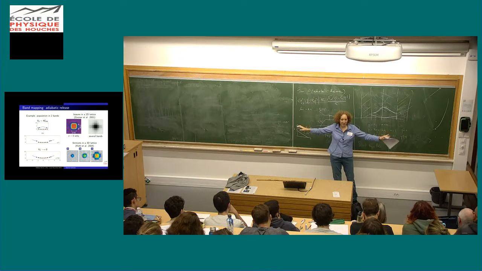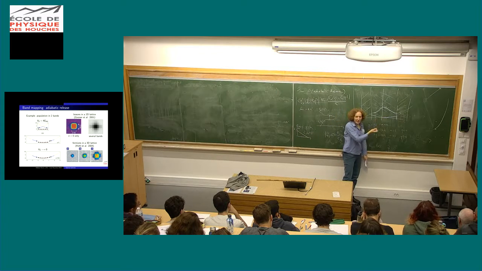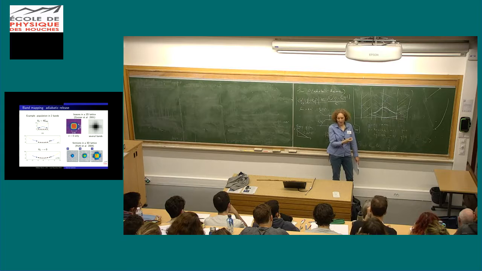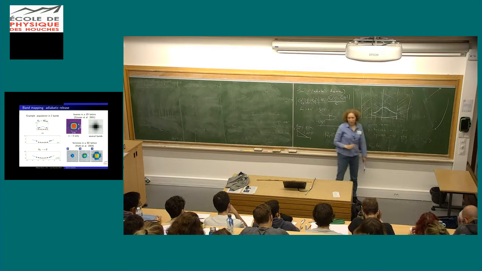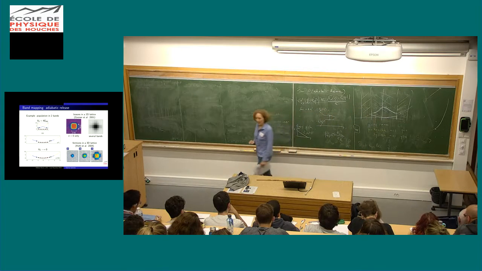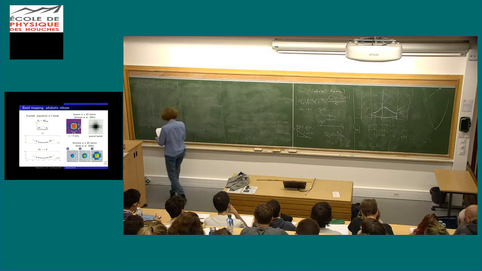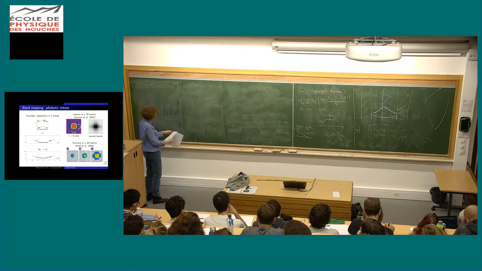You have a band which is flatter and flatter the deeper the lattice is. And you can describe this as giving an effective mass larger than the true mass of the atom to the atom. This is just the point I will skip in order to go to Bloch oscillations.